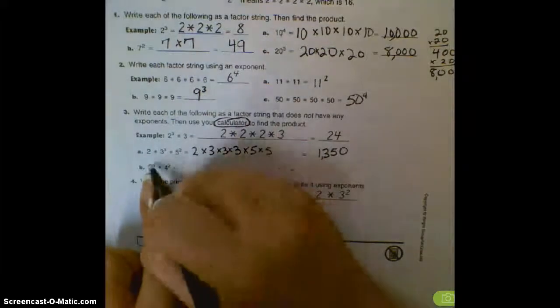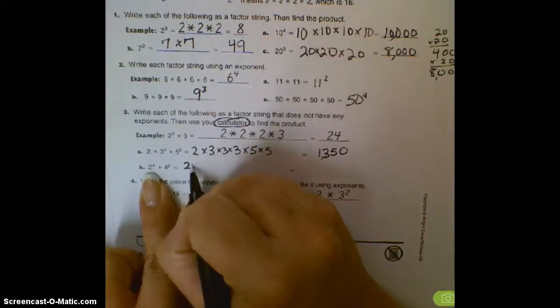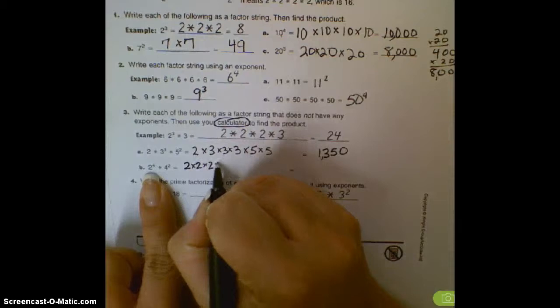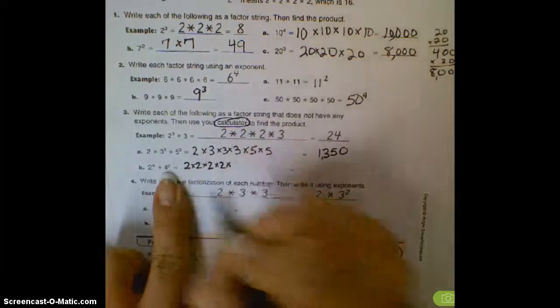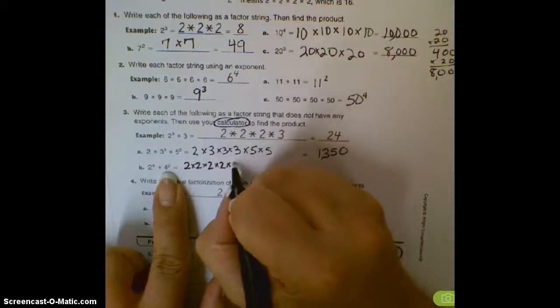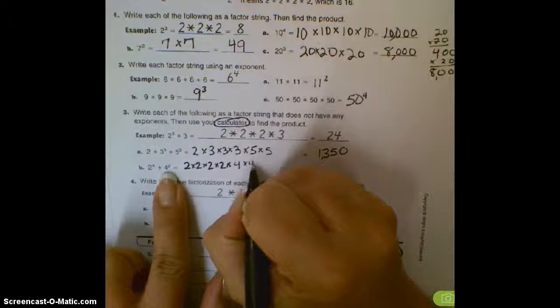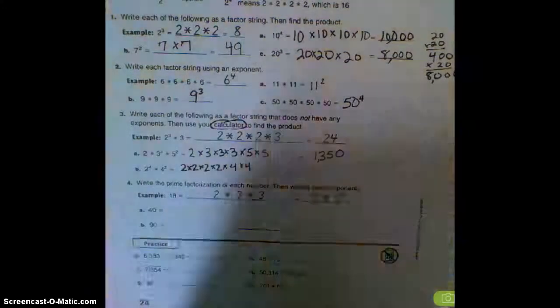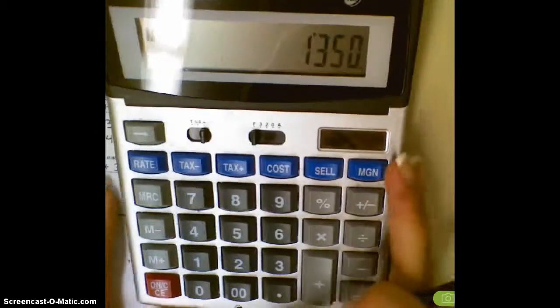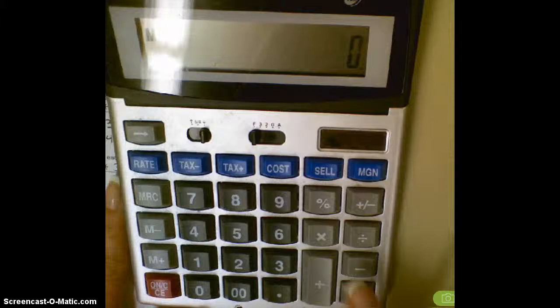Alright, now I need 4 2's, so 2 times 2 times 2 times 2, and then I'm going to need 2 4's, times 4 times 4. Get our calculator ready. Move it off to the side here for a sec. Clear it out.